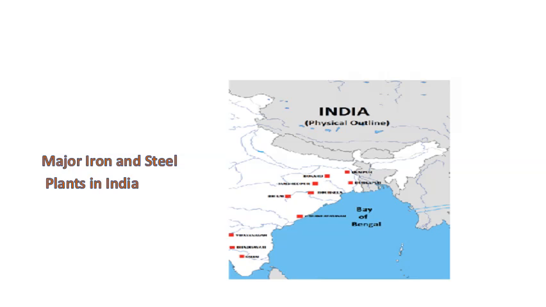Some of India's major steel plants are at Jamshedpur and Bokaro in Jharkhand, Bhadravati and Vijayanagar in Karnataka, Bhilai in Chhattisgarh, Rourkela in Odisha, Durgapur in West Bengal, Salem in Tamil Nadu, and Visakhapatnam in Andhra Pradesh.